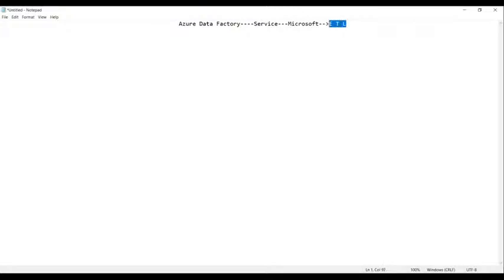Yes, so what is ETL? Basically, ETL stands for extraction, then we have transformation, and then loading.